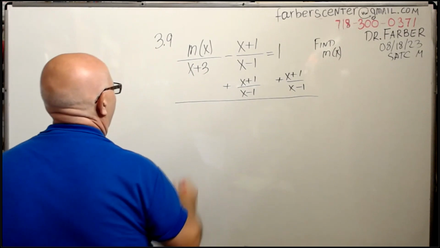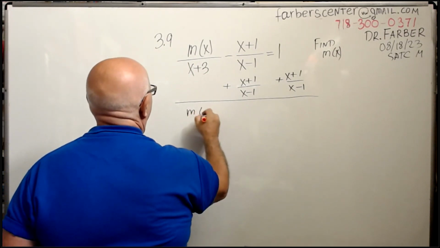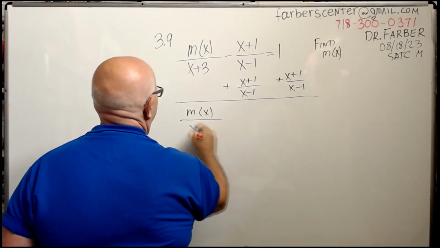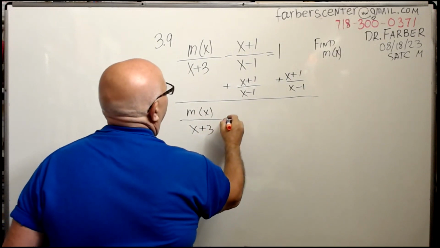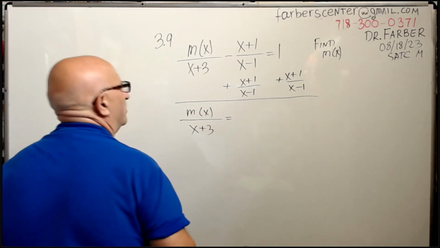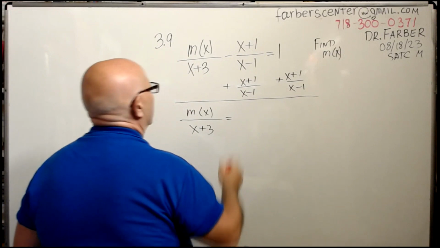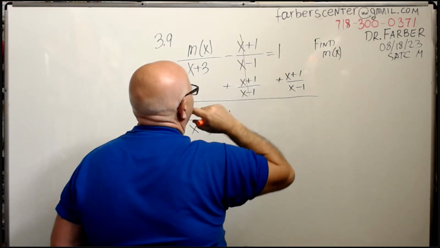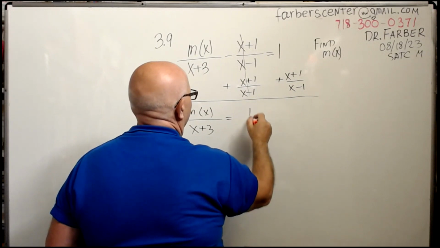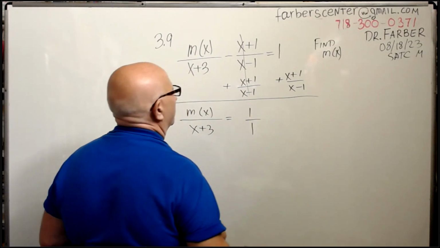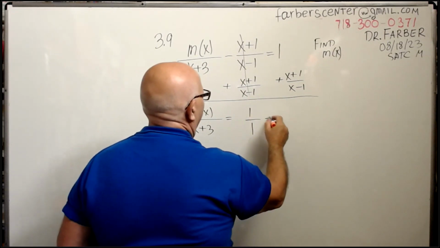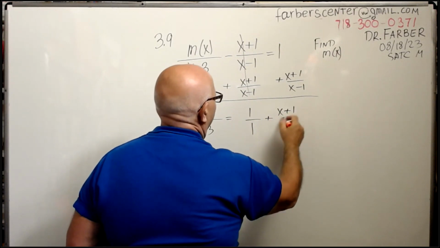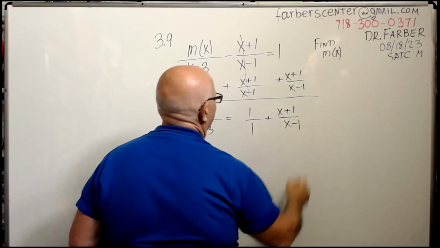You get m(x) over x plus 3 equals this; you can cancel out. And instead of 1, I write 1 over 1, because we have to find the LCD for this. Plus (x plus 1) divided by (x minus 1).